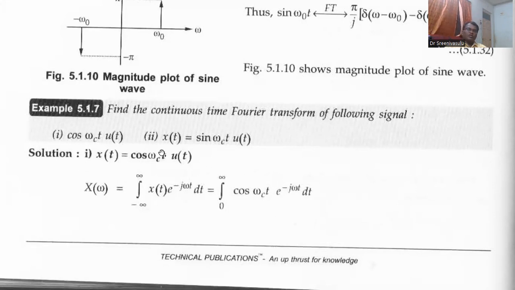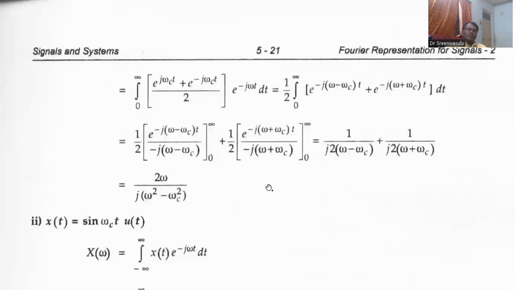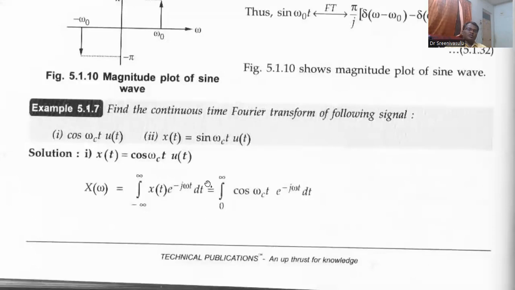We already know the Fourier transform of cos omega naught t, and you know the Fourier transform of u of t. So based on this convolution in frequency property also, we can calculate the Fourier transform of cos omega naught t into u of t. We will see that in the next class. We'll continue in the next class. I'm going to stop.